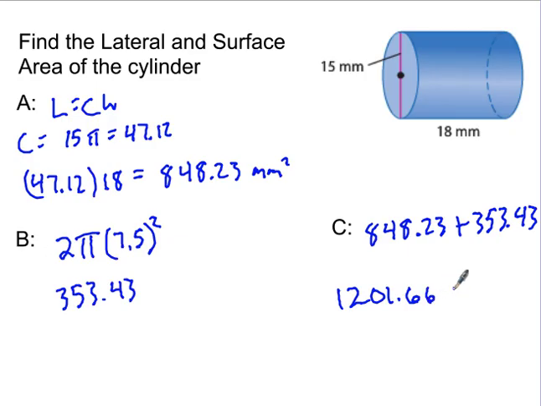Then 1,201.66 millimeters squared, and that is the surface area.